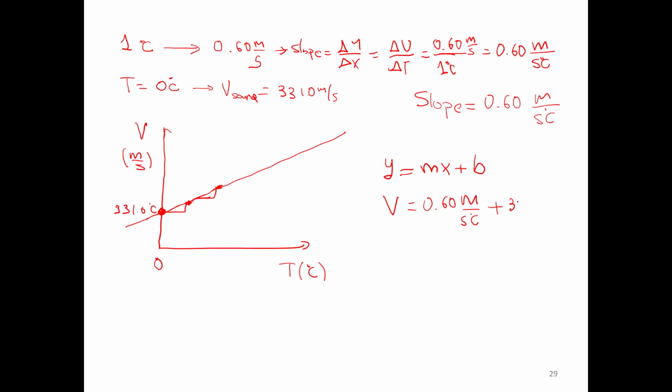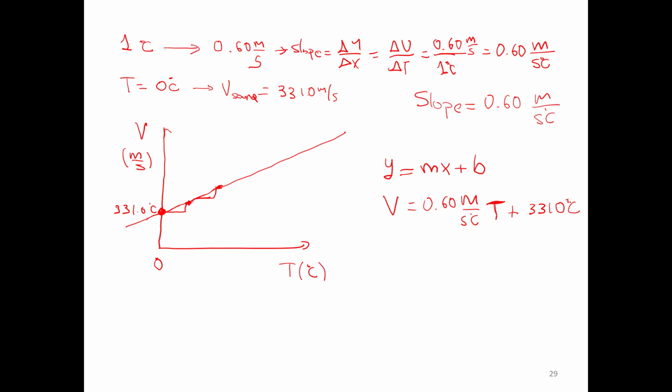Oh, here I missed the variable. Let me go back. This is the slope. X in this case is the temperature. Yes, this is important. It is the variable plus the y-intercept, 331 degrees Celsius.